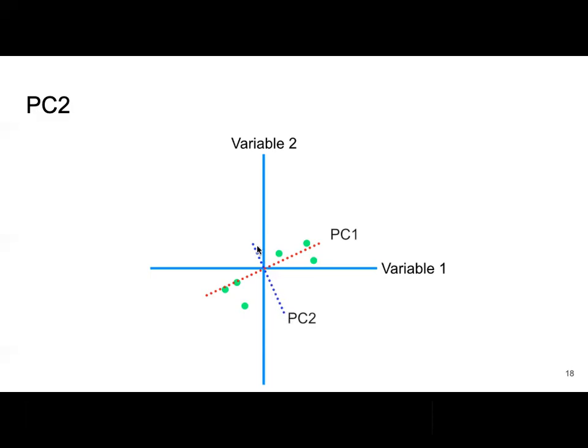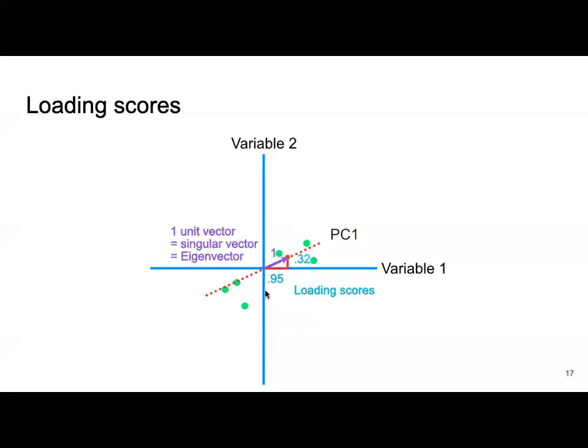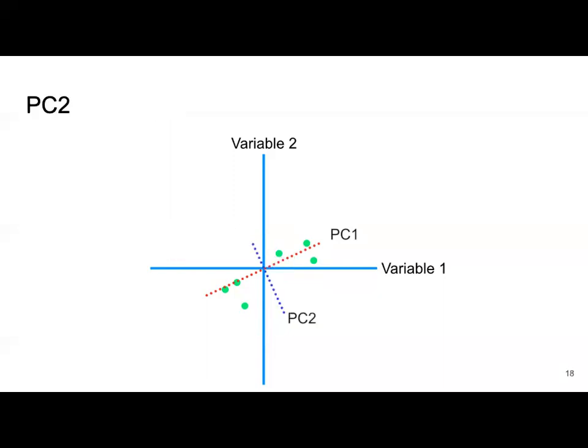As we said in the earlier slides, this is the second direction that has the next most spread in the data, and it's also uncorrelated with the first principal component. Just as we did for the first principal component, I'm not going to go through it here, but you can estimate your eigenvector and your loading scores for each subsequent principal component.